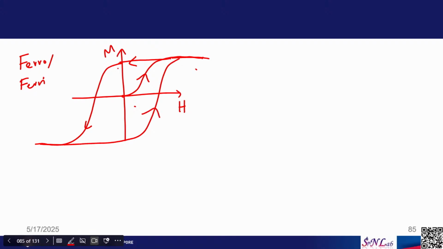So, this property is called the hysteresis loop, and we learned a few concepts like saturation magnetization, remnant magnetization, coercivity, and saturation field and so on. So, these are important parameters related to a ferromagnetic material.